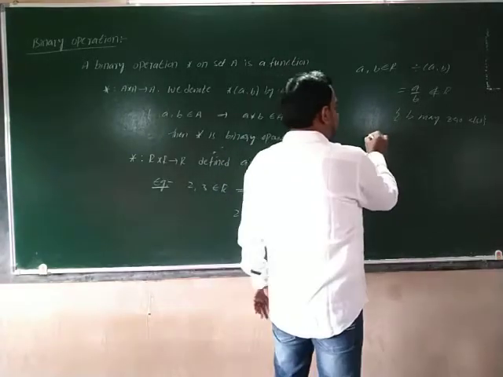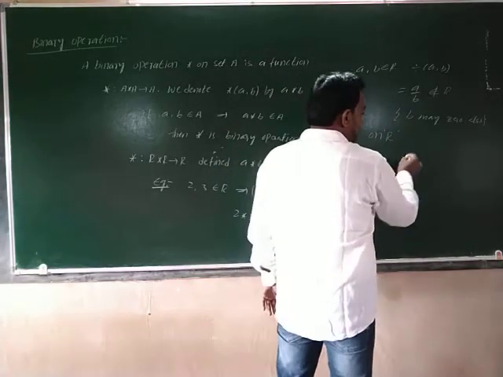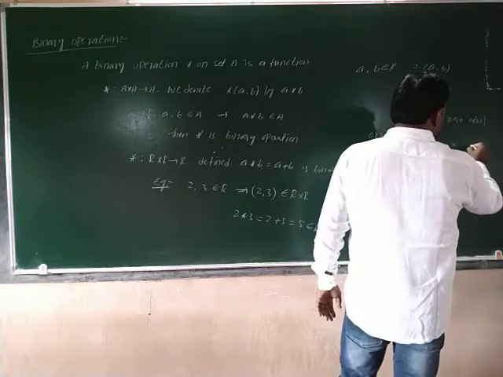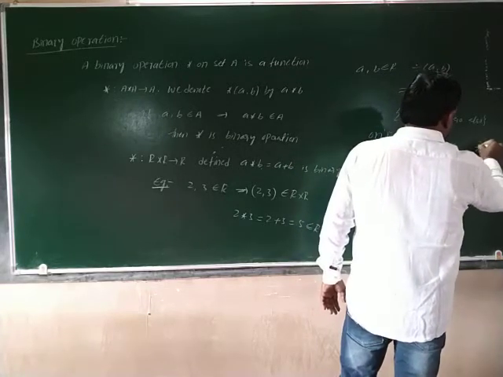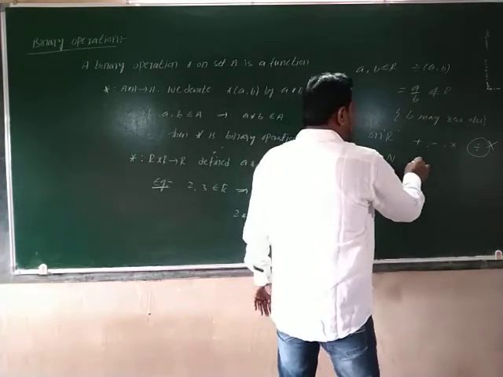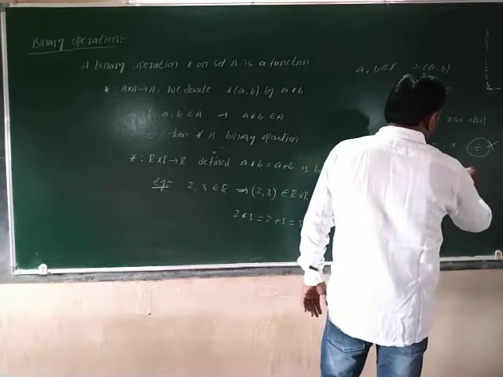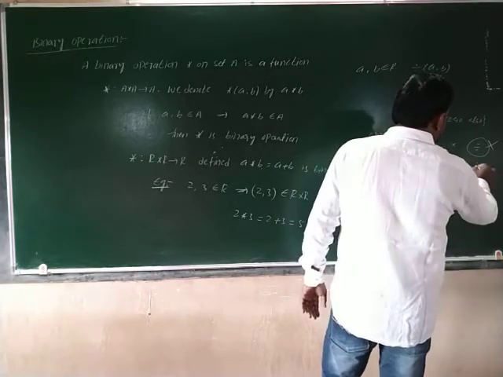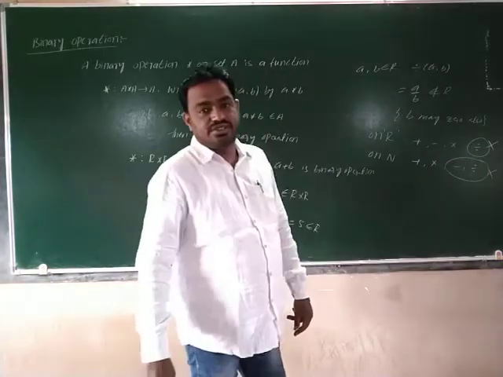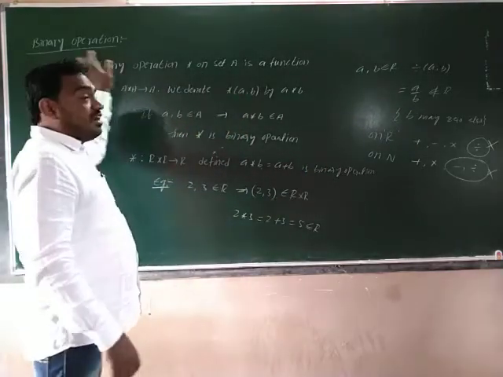On the set R, which are the binary operators? Addition, subtraction, multiplication. Division is not a binary operation. On N, addition and multiplication are binary operators, while subtraction and division are not binary operations. So this is the definition of binary operation.